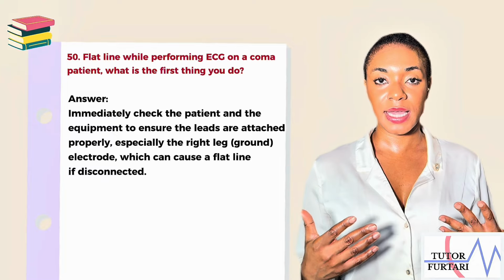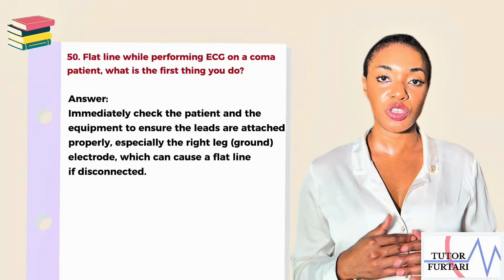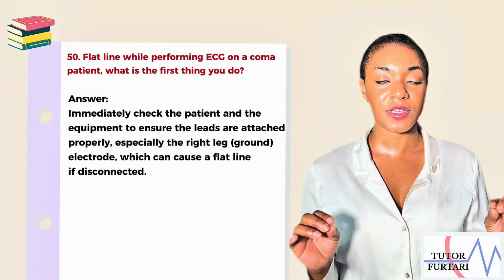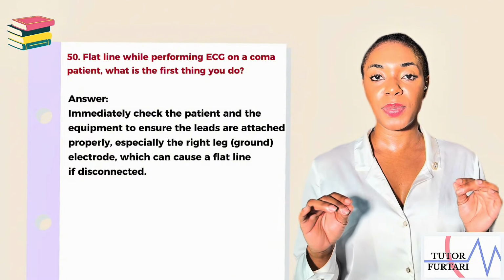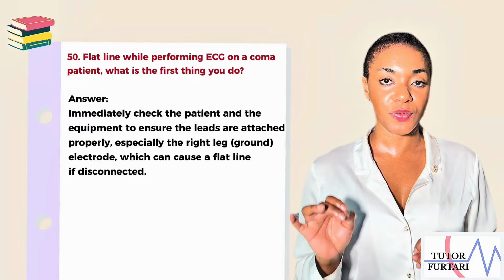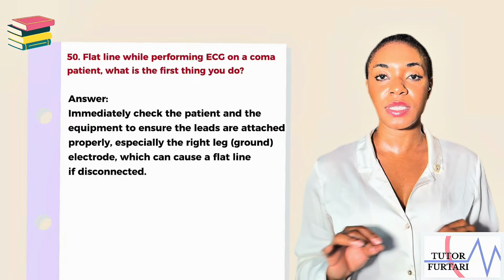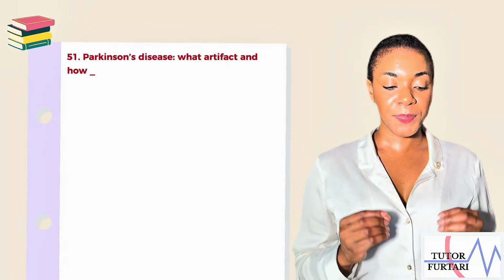So make sure that every lead is properly placed and check on your patient. First thing first, check on your patient. Then verify that the leads are properly placed, and verify the right leg also, so you do not get a false asystole.